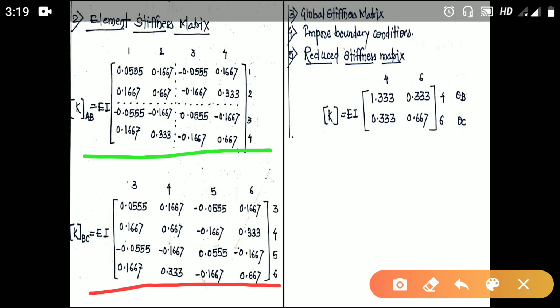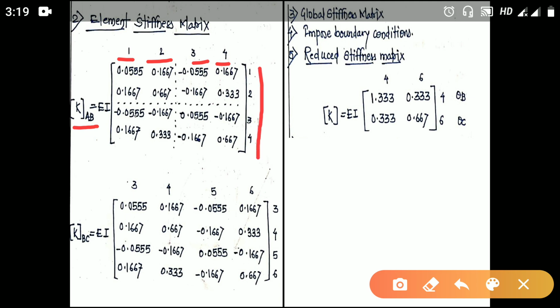Once you complete these two matrices, after that write down their associated displacements. For member AB, displacements 1, 2, 3, 4 for the columns. Similarly for the rows, displacements 1, 2, 3, 4. For member BC, associated displacements 3, 4, 5, 6 for each column and for each row, which represents that these elements are the action corresponding to that displacement number.